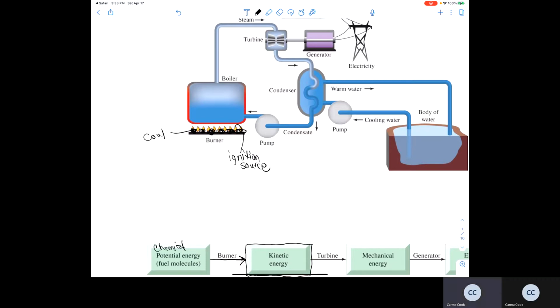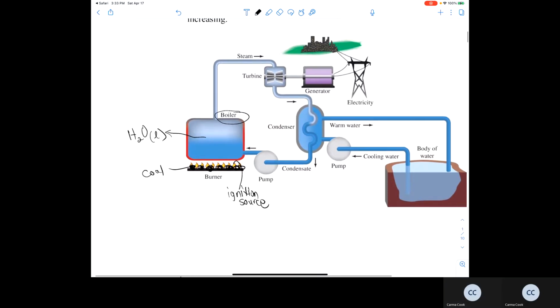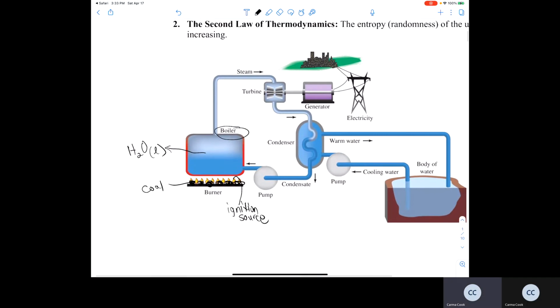And sitting above the burner is a boiler that has water in it. And that is liquid water. And so the heat that is released from burning the coal gets transferred to the liquid water. And that causes the liquid water to get converted into water vapor or steam.